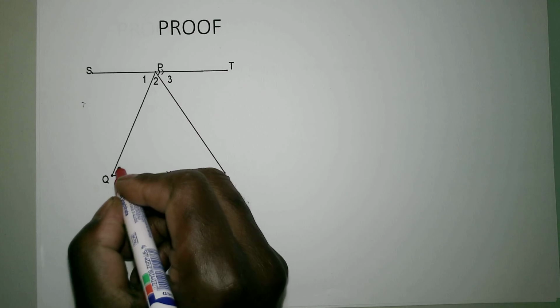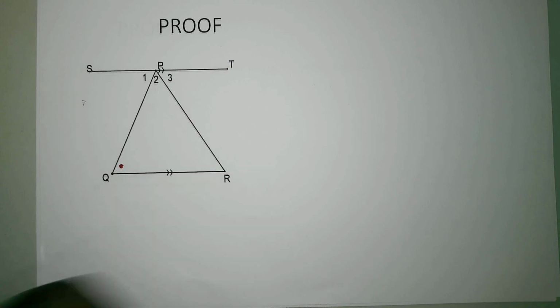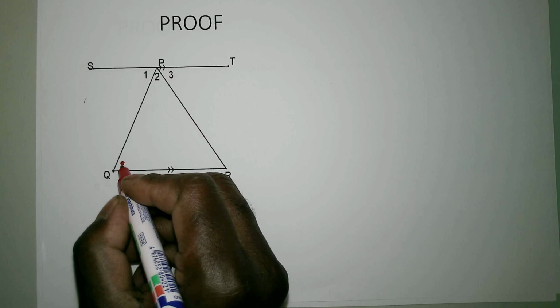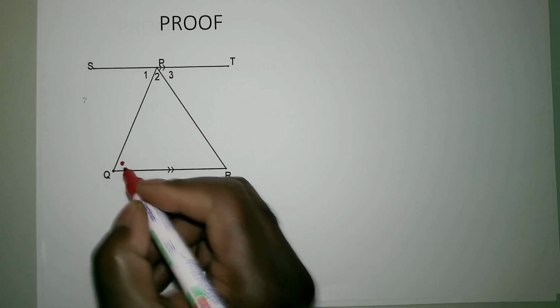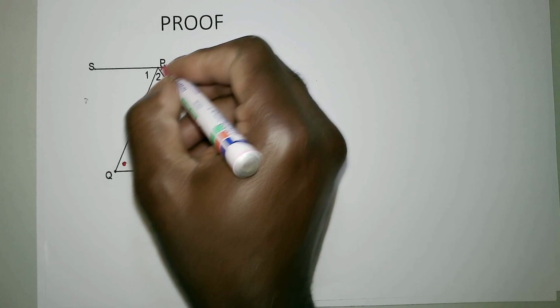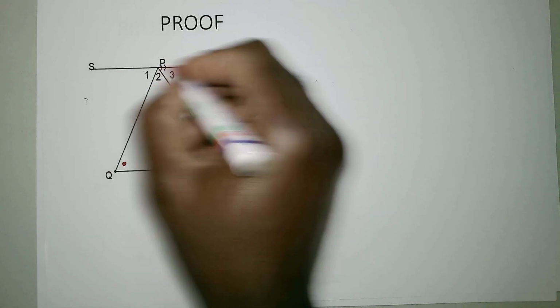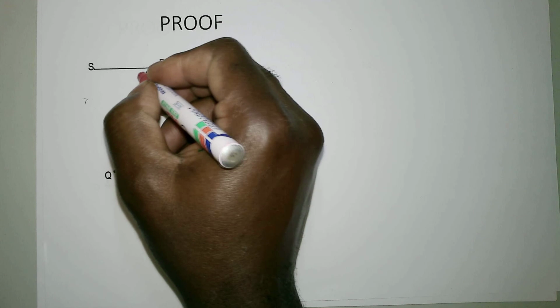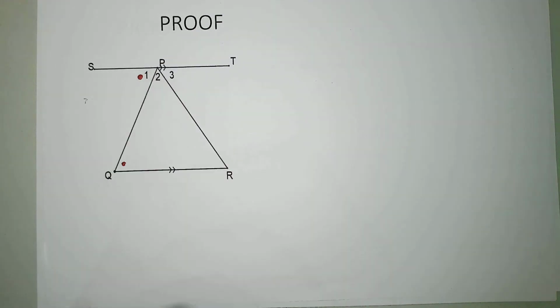I want to see how this angle is related to any other angle. I want to get a Z formation for parallel lines. I can't get the Z formation to this side, I get it from that side. So this angle gives me an alternate angle.